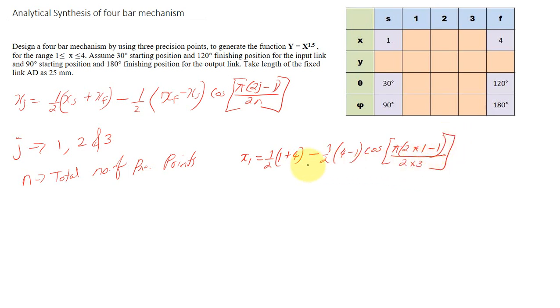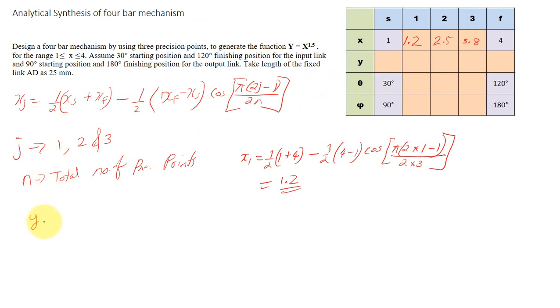Upon solving, x1 will be 1.2. Next you substitute 2 for j. Upon solving, x2 becomes 2.5, and similarly x3 will be 3.8.